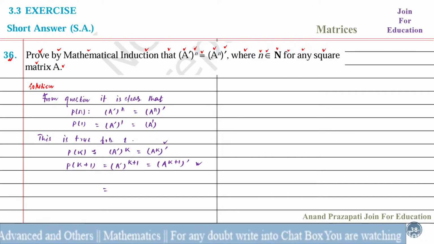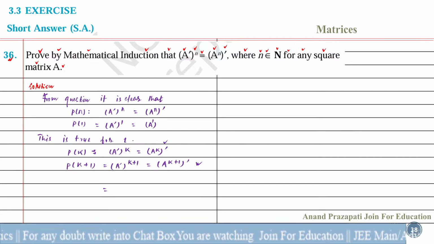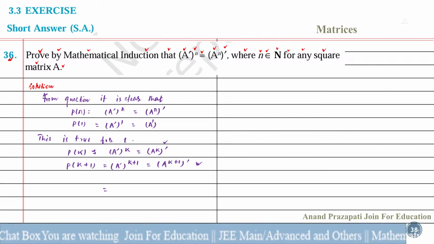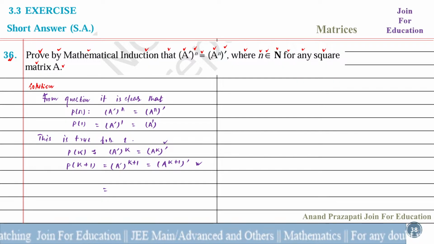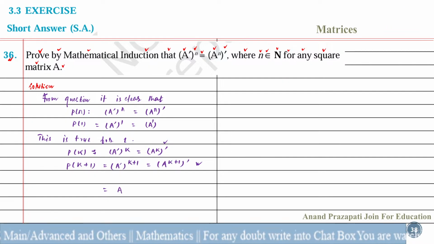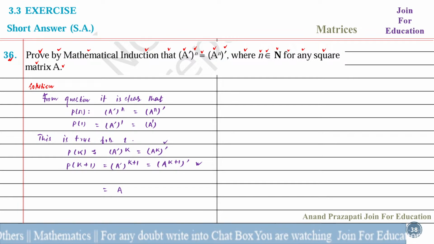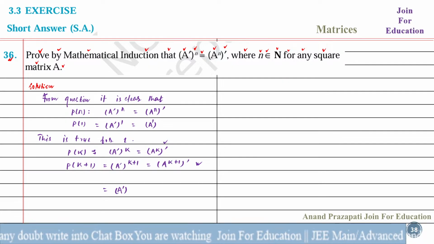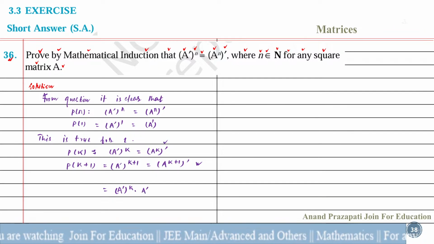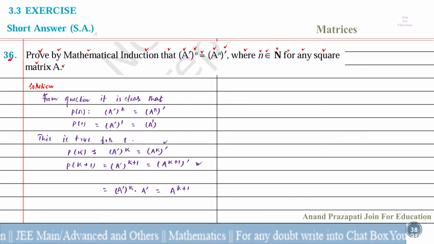So we can write for this one (A transpose) to the power k into A transpose equal to (A transpose) to the power k plus 1.